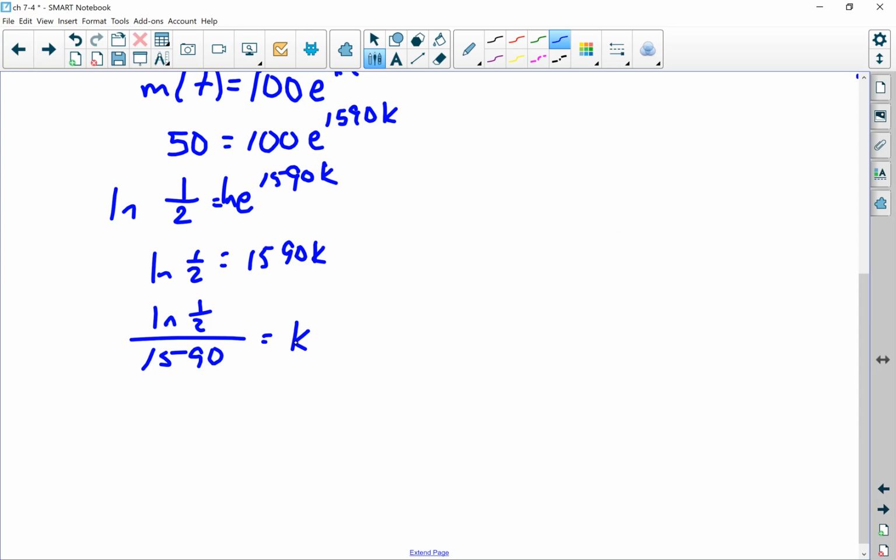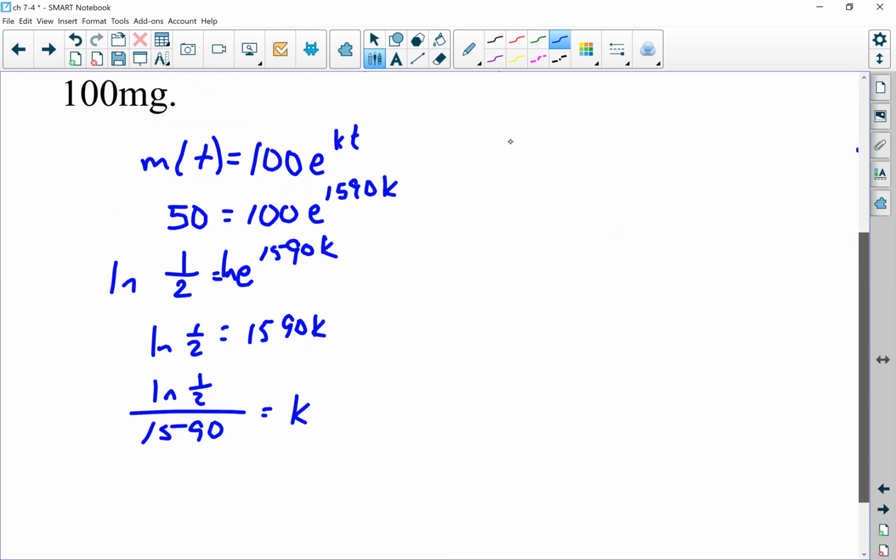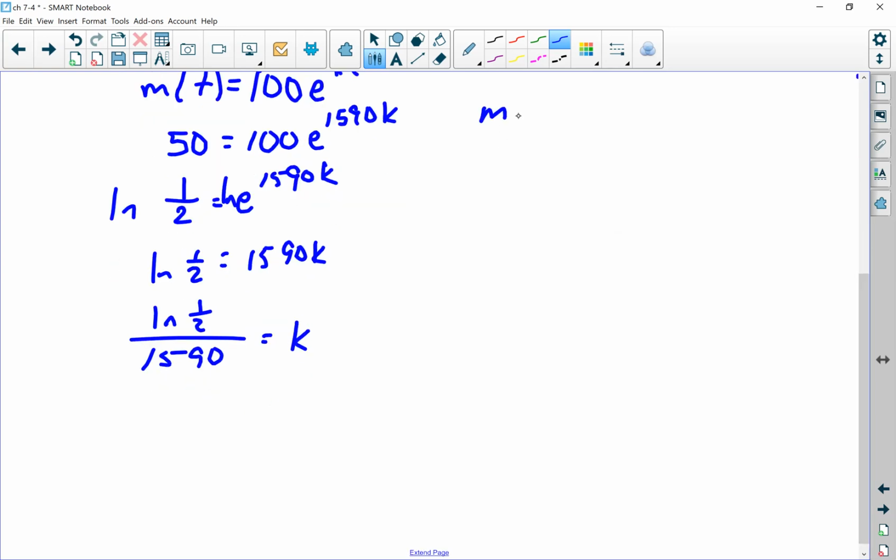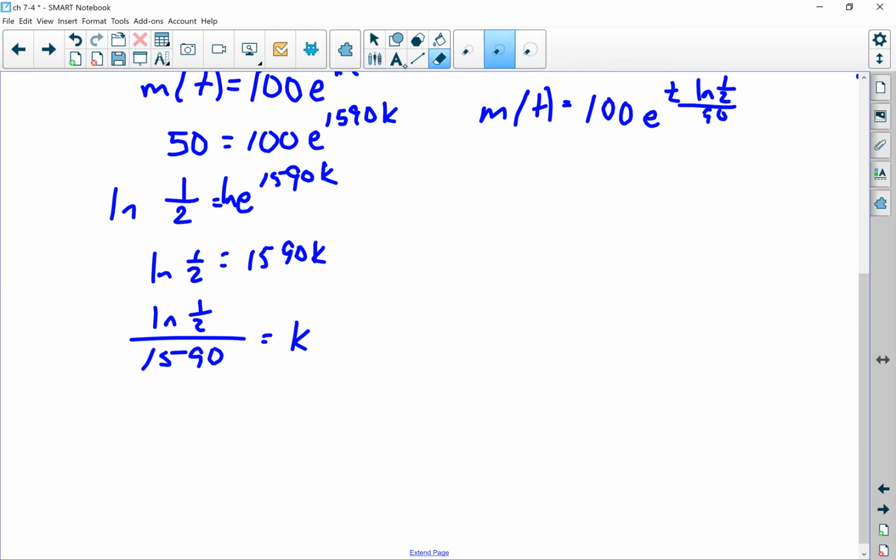All right. So we've got our value for k. So now my expression, I'm going to write m of t equals 100 e to the t ln 1/2 over 1590, which is kind of messy.